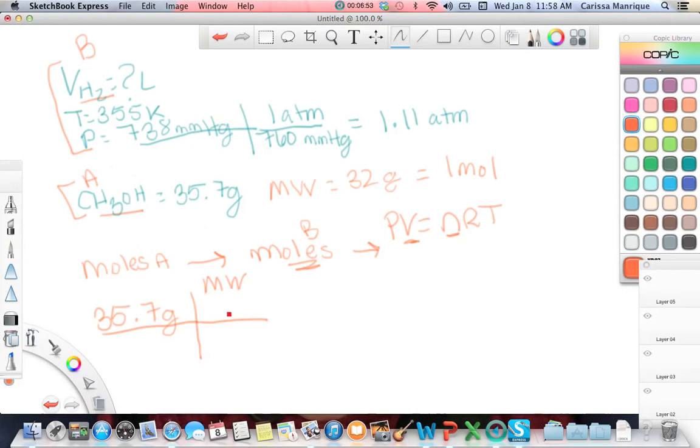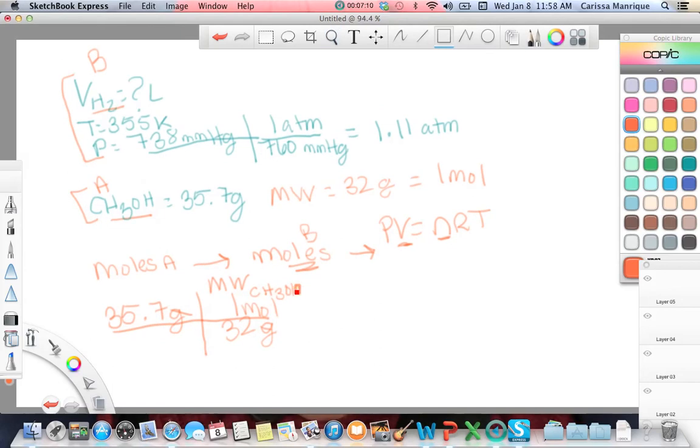So let's put 32 grams at the bottom, so it'll cancel out right there, per 1 mole. And this is of methanol, CH3OH. Okay. Now that I have that, I want to convert this to moles of B, right?